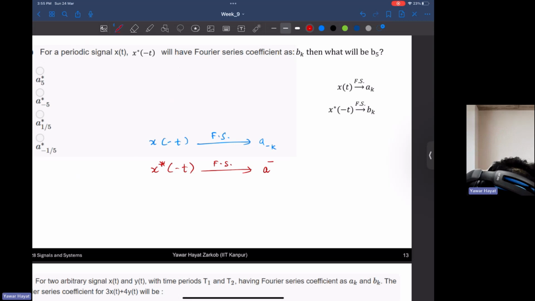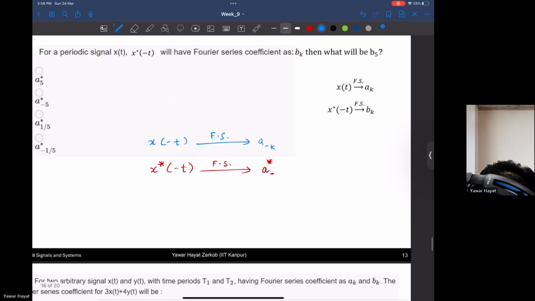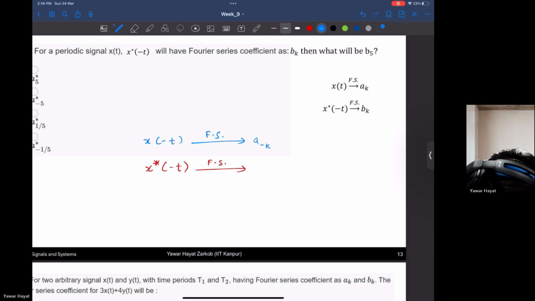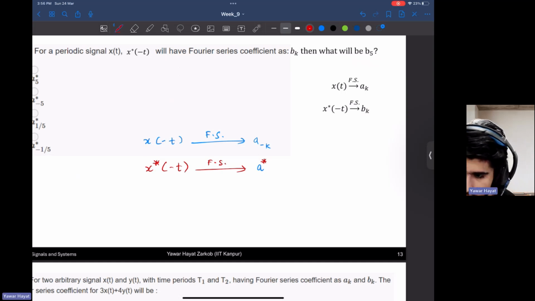So firstly, I'll take this one, minus. Okay, this is a. Due to complex conjugation, firstly, my Fourier series coefficients are complex conjugated and they are time reversed as well.